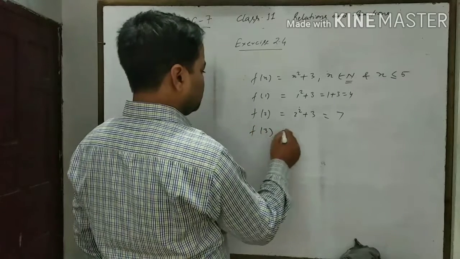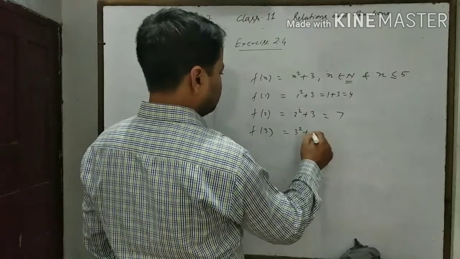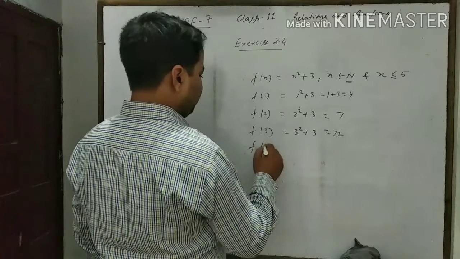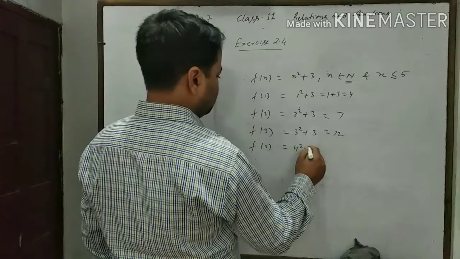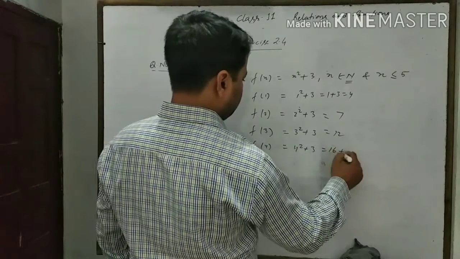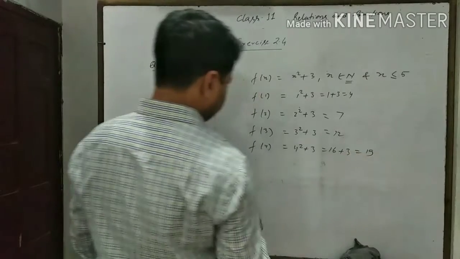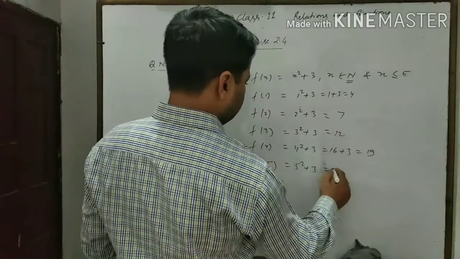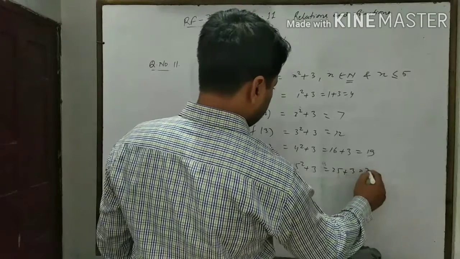F of 3 is 3 square plus 3, 9 plus 3, 12. F of 4 is 4 square plus 3, 16 plus 3 is 19. F of 5 is 5 square plus 3, 25 plus 3 is 28.